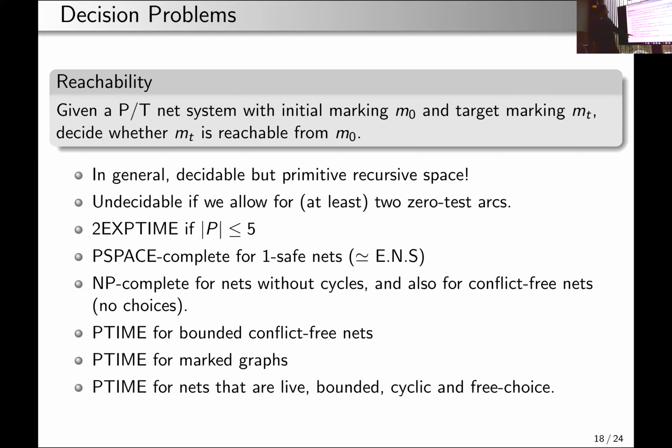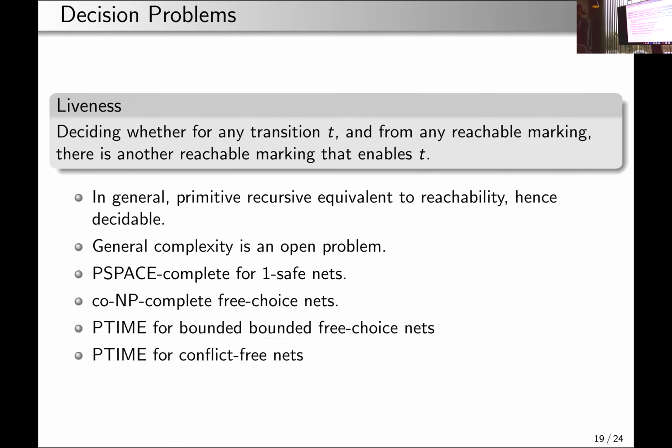And if I know that they are live, bounded, cyclic, and free choice, then also I can check. But this takes a lot of state-space stuff here. So you already have a lot of information that was very costly to obtain. Cool.